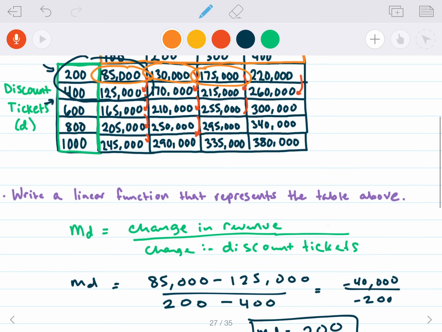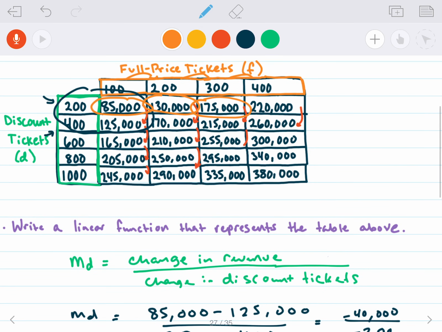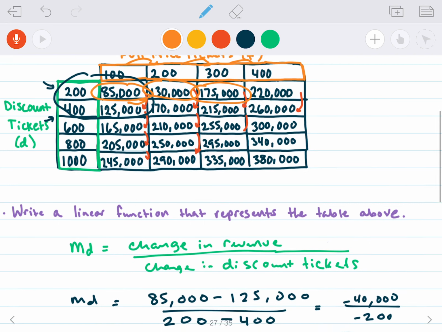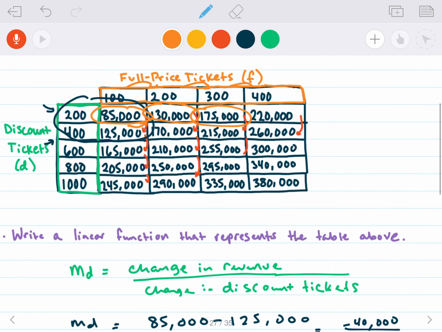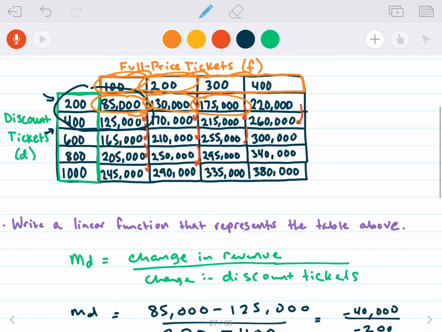Okay, so if we just look at this first one right here, change in revenue, we're going 85,000 minus 130,000, and that's going to be divided by the corresponding row. So we have 100 minus 200.